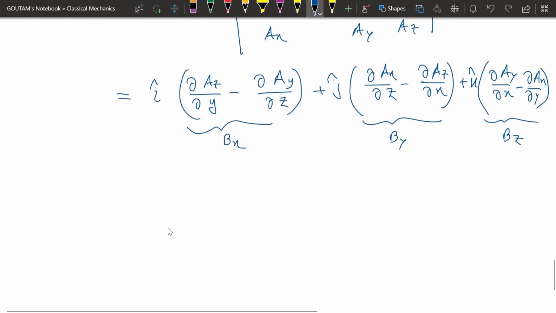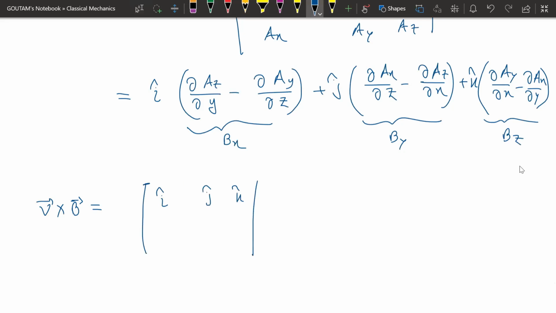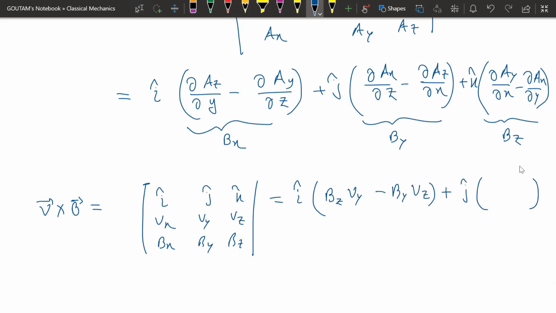So then what is V cross B? V cross B is i hat, j hat, k hat; Vx, Vy, Vz; Bx, By, Bz, which equals i hat (Bz Vy minus By Vz) plus j hat, there will be something, plus k hat, there will be something.